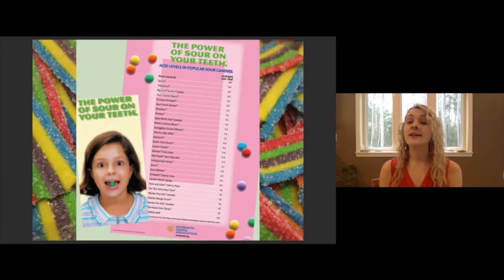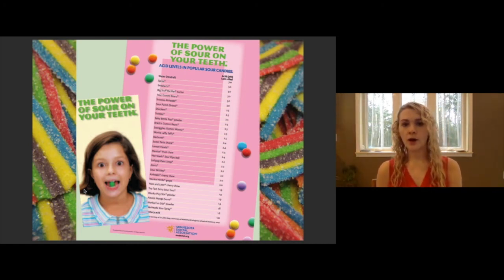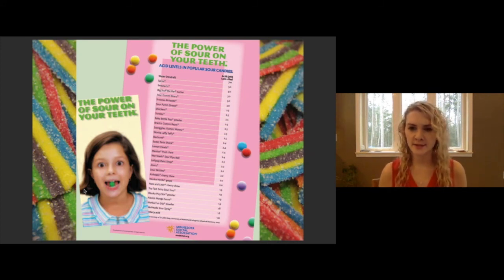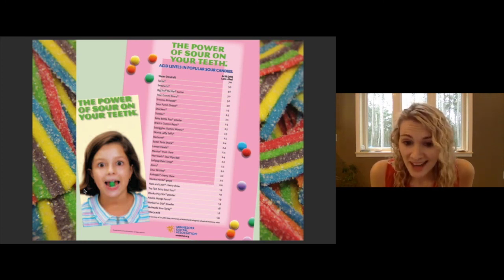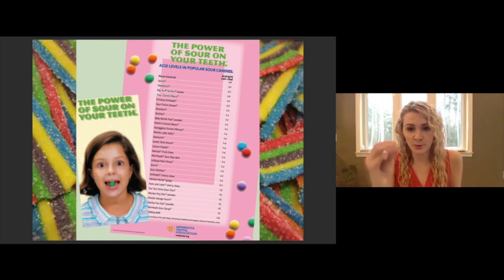The power of sour. Yep, thanks to the MDA, we have this beautiful chart of what our favorite candies do to our teeth, and their acid or pH levels. As you can see, battery acid is at 1.0 on the pH scale, whereas Wonka sour or Warhead sour spray is only 1.6.